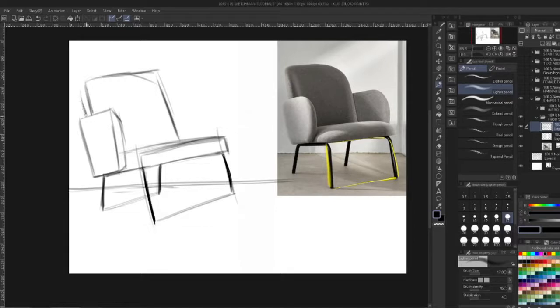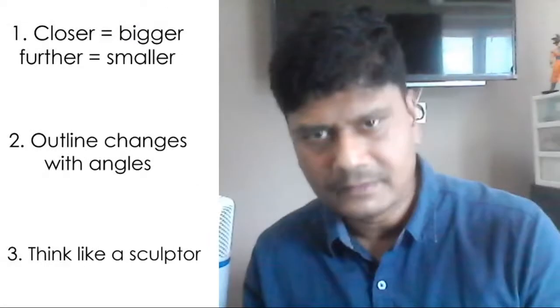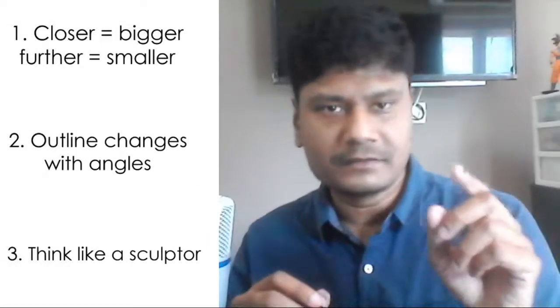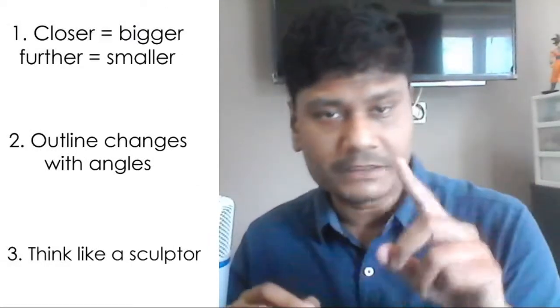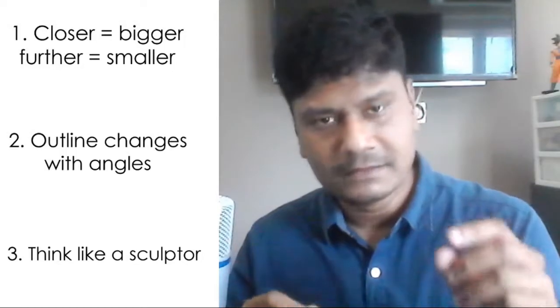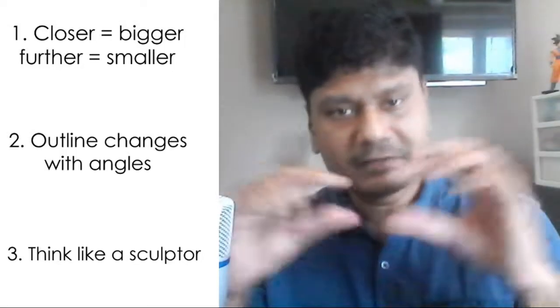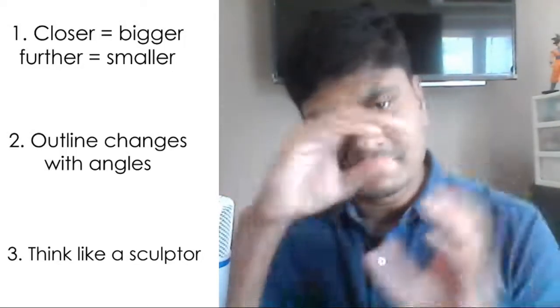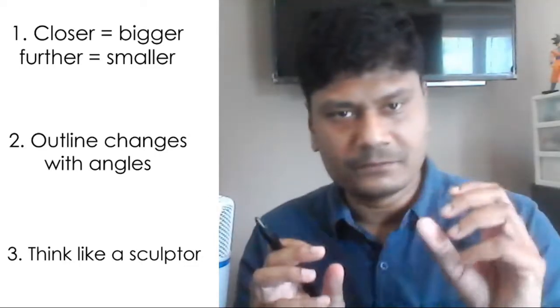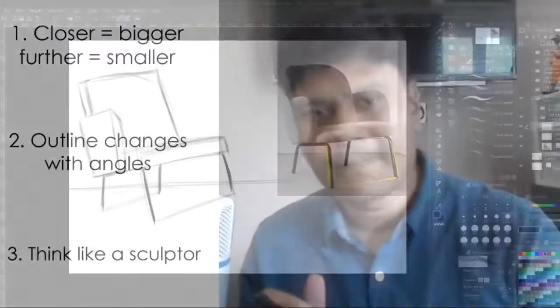And again, you have to keep in mind you're drawing 3D objects, right? Which brings me to the second principle, which is that the outline changes with the angle. Now we have really thin boxes, but they are placed at different angles, so you need to be aware of that.